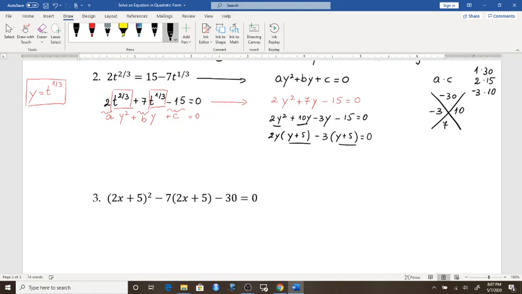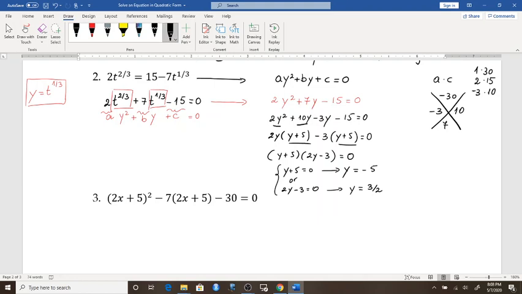So now we have a greatest common factor, which is y plus 5, and we are left with 2y minus 3 equal to 0. So we need to solve each of those equations, which means we need to solve y plus 5 equals 0 or 2y minus 3 equal to 0. And the solution from the first equation is clearly y equal negative 5. For the second one, we have 3, we divide by 2, so we end up with y equal to 3 over 2.